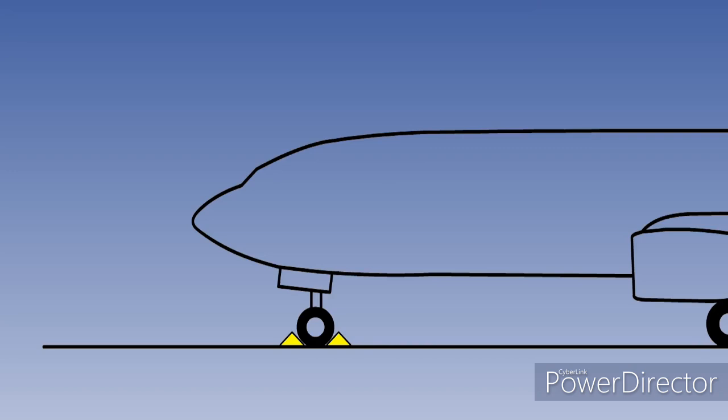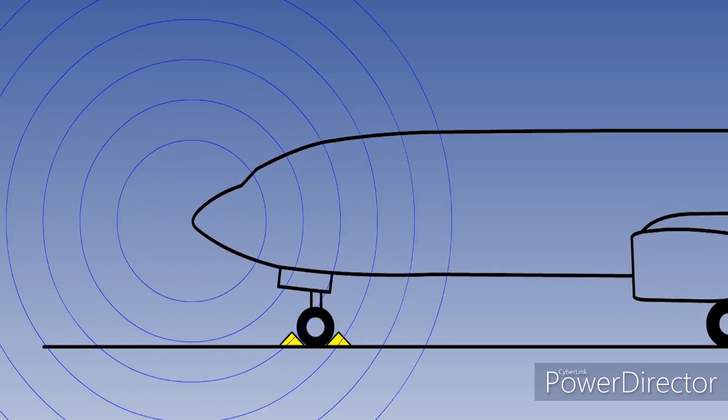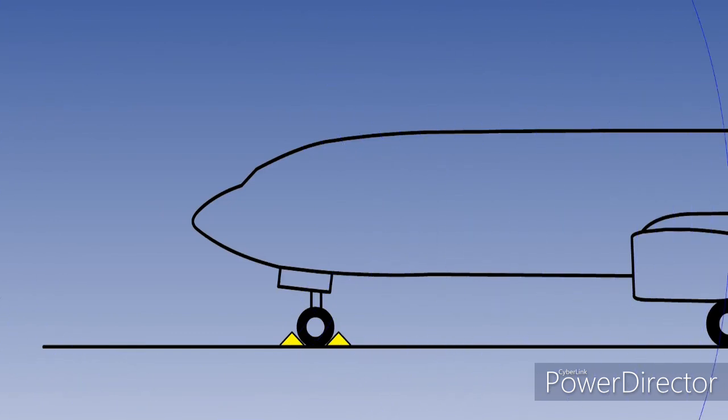When an aircraft moves through the air, pressure waves are generated. To generate some pressure waves, we're going to hit the nose of a stationary aircraft with a hammer, but in flight it will be particles of air that generate the pressure waves. The vibrations from the blow generate a series of pressure waves that move outwards through the air from where the hammer hit the aircraft, the point source.